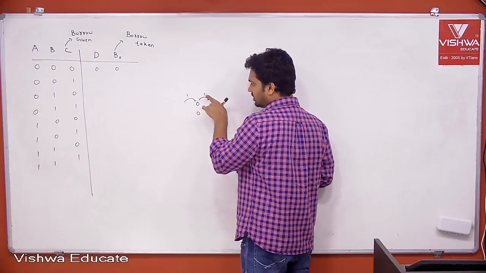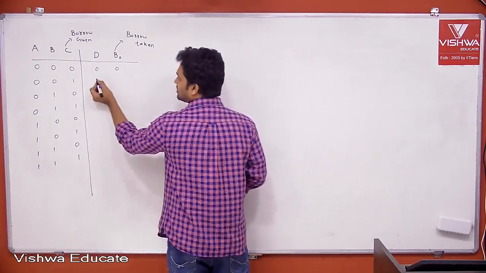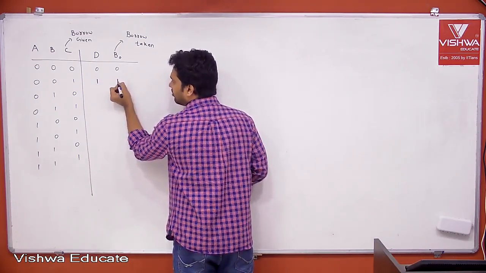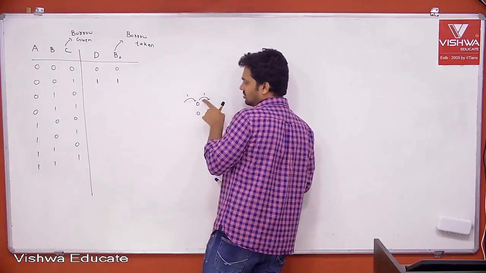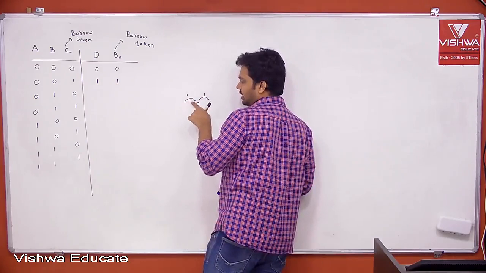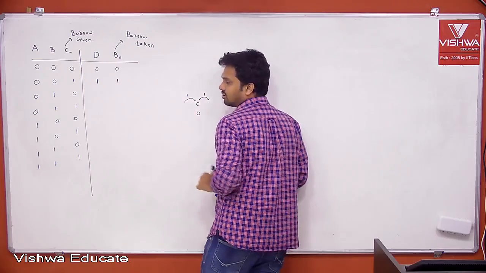In this 2, 1 is given, 1 is left over. So 1 minus 0. What is the answer? Difference is 1. How much borrow have I taken? 1 I have taken. This is to give 1 as a borrow. It should take a borrow of 1. It becomes a 2 here. From 2, 1 is given, 1 is the leftover. 1 minus 0 is 1.